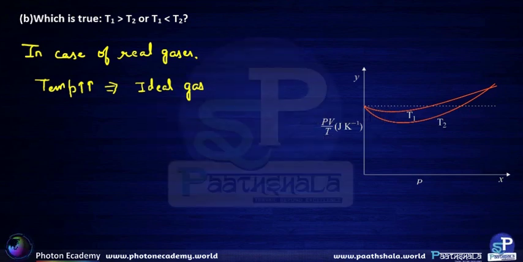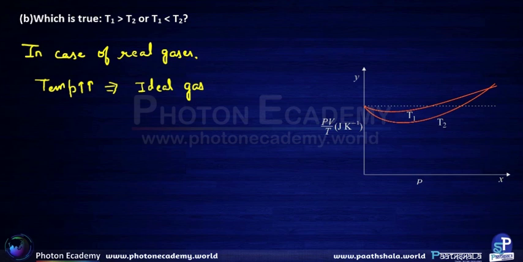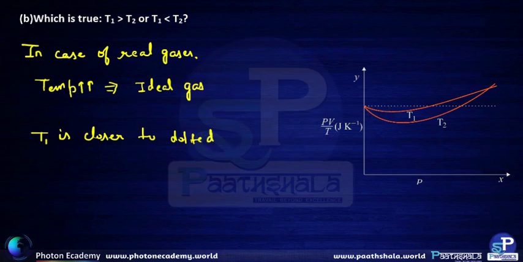This means the temperature T1 will be greater than T2 because it is much closer to the dotted line than T2. So T1 is closer to the dotted line, and here the dotted line represents the ideal gas. Hence T1 is greater than T2.